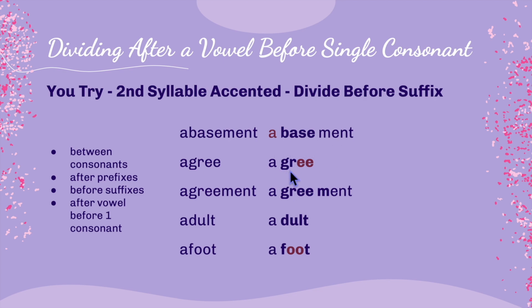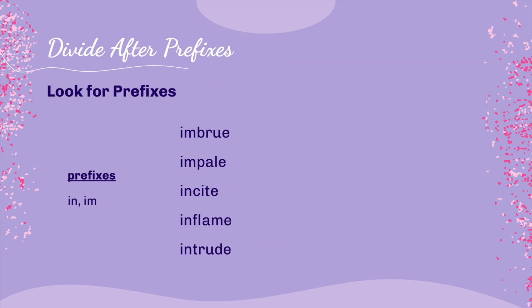Abasement, agree, agreement, adult, afoot. Now you might wonder, how do I know which syllable is accented? If you listen, we say abasement, not abasement. Agreement, not agreement. Our next rule is to divide after prefixes.